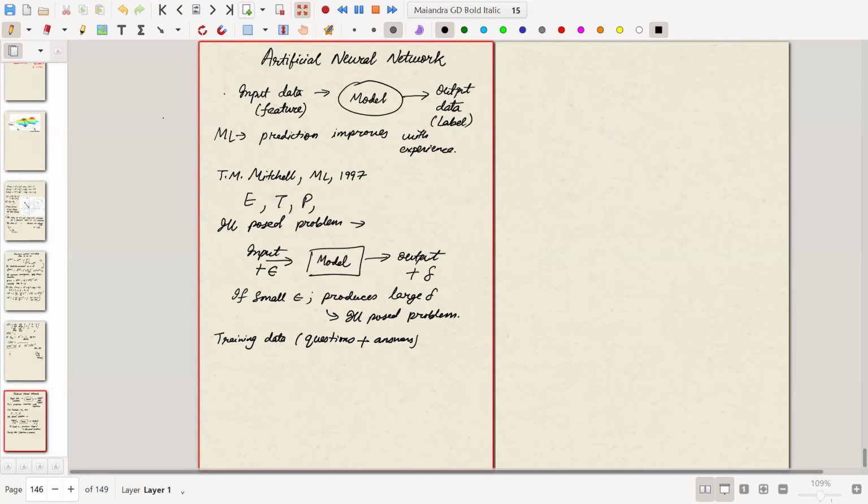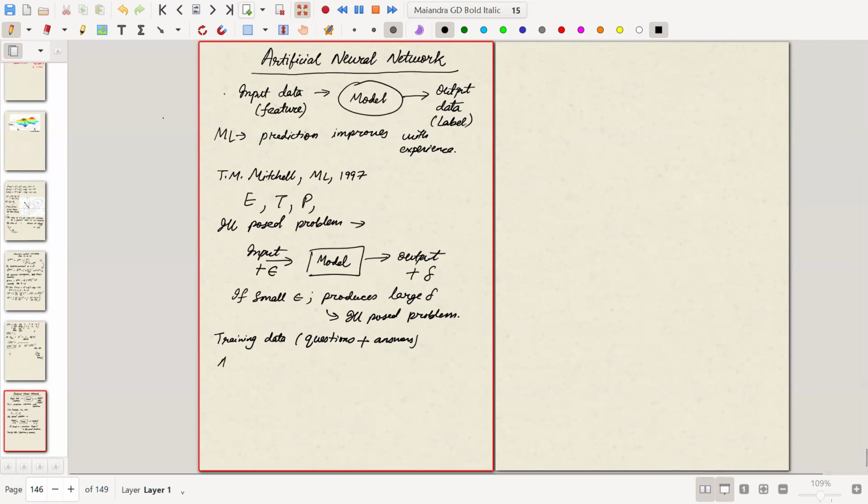So what is artificial neural network? We won't be covering ML, but what is artificial neural network? Artificial neural network is a technique in machine learning. Sometimes they are used interchangeably, and as a beginner you don't really know when to call it artificial neural network and when to call it machine learning. So artificial neural network is a technique in machine learning which is used for both supervised and unsupervised learning.